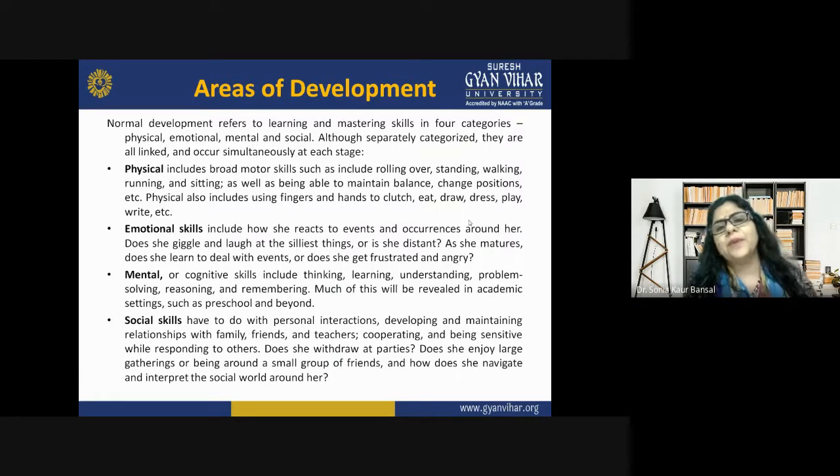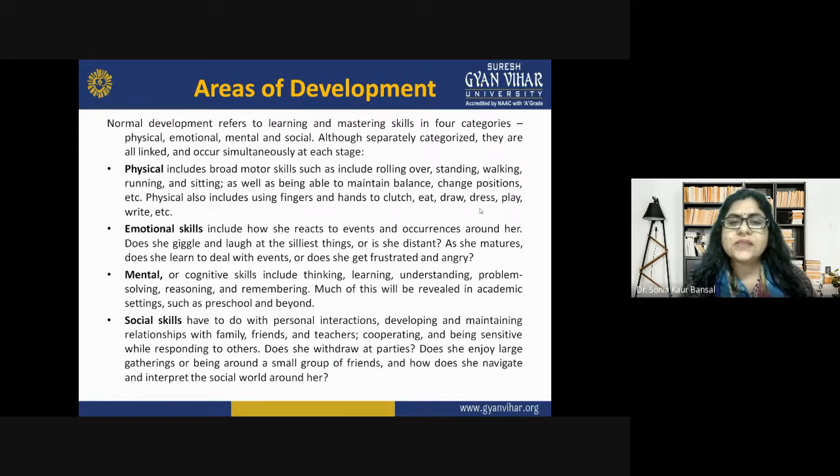For learning purposes, I give my students the abbreviation PMSE: physical, mental, social, and emotional. Although separately categorized, they are linked and occur simultaneously at each stage. You can't say that if we are developing physically, we do not have any emotional, mental, or social skills. No, that would be wrong.